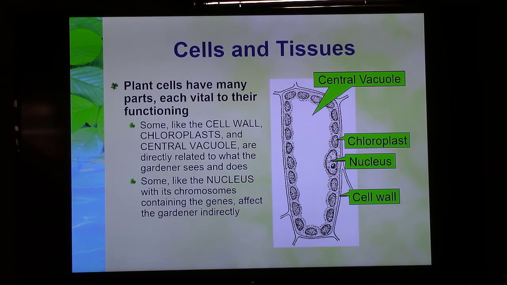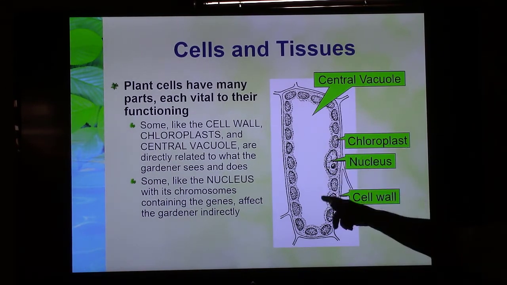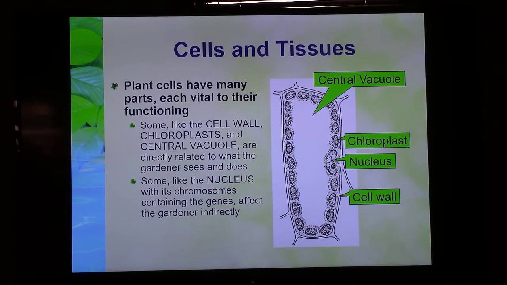It turns out that that's mostly water. We call it the central vacuole. It's got things dissolved in it, but it's primarily water. And there's so much of it that everything else in the cell is kind of pressed up against the side.